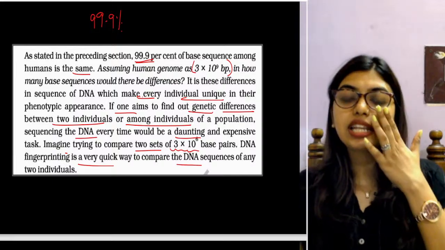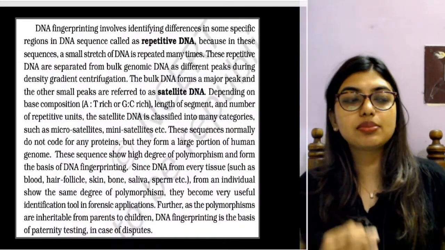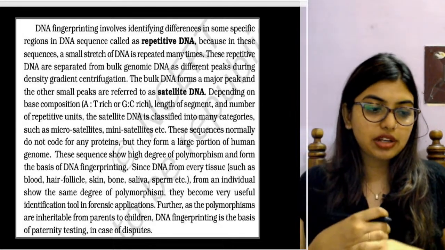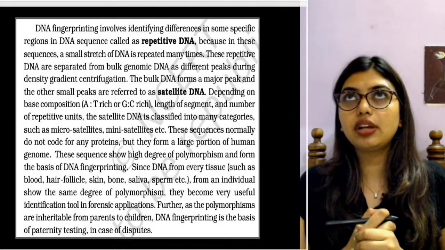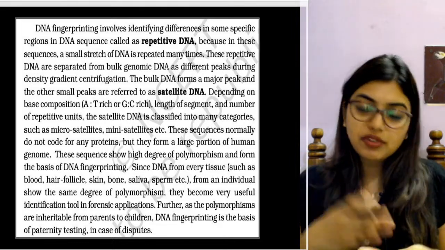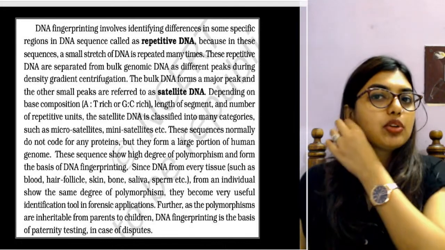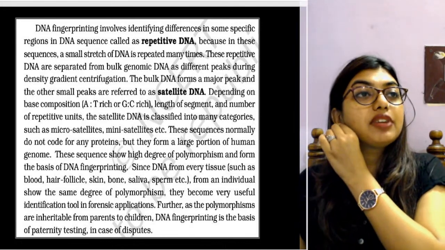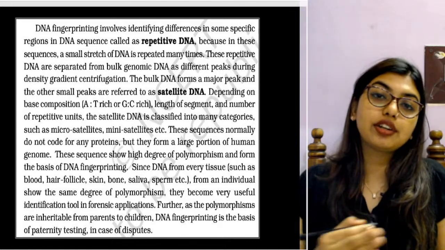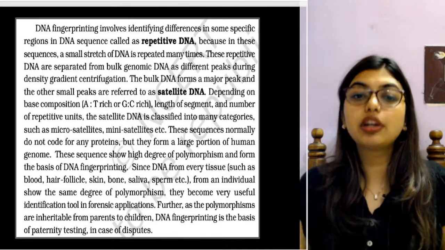So students, DNA fingerprinting is to identify that this person is the one who is missing. So we are going to start with DNA fingerprinting. Let's say someone is missing or some crime scene happened. We have to make sure that this change in the chromosome is the reason why we are able to identify. Otherwise, imagine every time you go and search your 3 into 10 to the power 9 base pairs, oh, this is the one, this is the one. You cannot do that. So DNA fingerprinting is going to help.